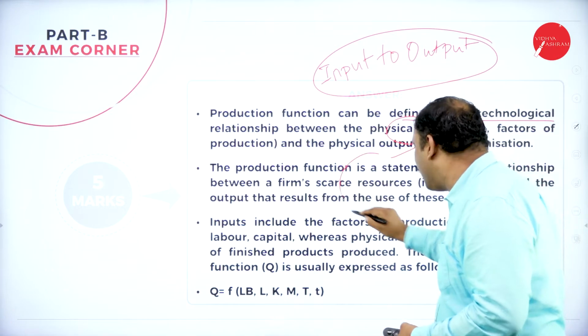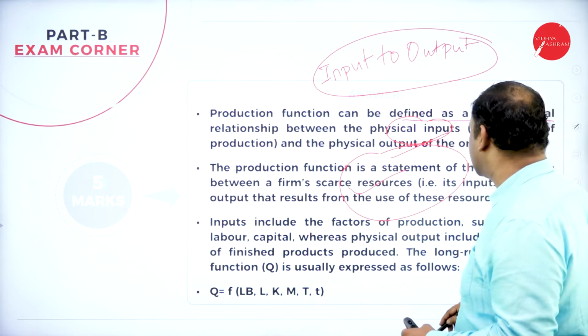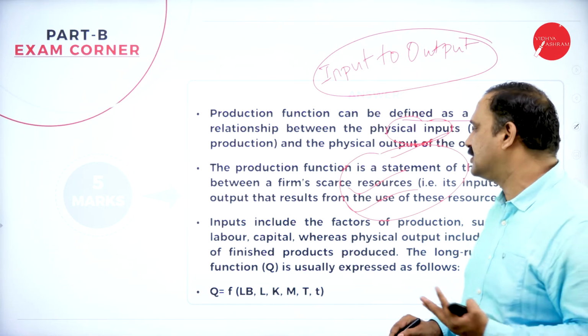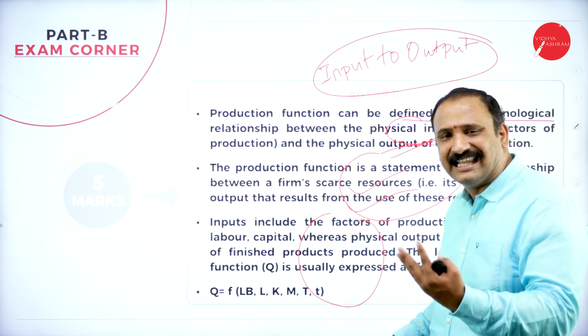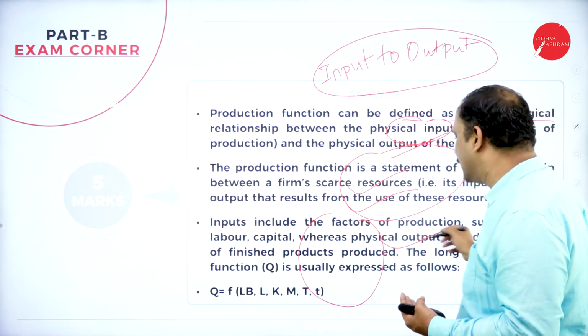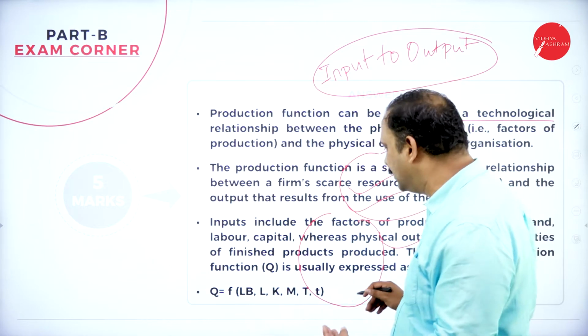The production function is a statement of relationship between the firm's scarce resources and the output that results from the use of these resources. Input of these factors of production such as land, labor, capital, all those physical factors are coming into picture, and because of which the long run production and other factors are taken into account.